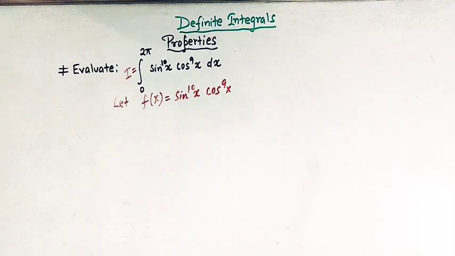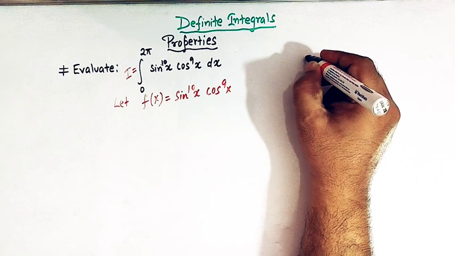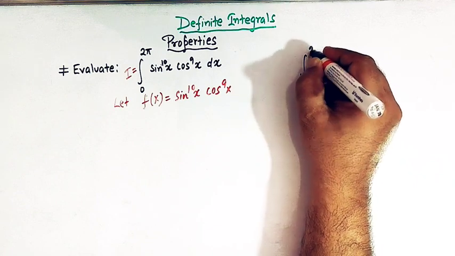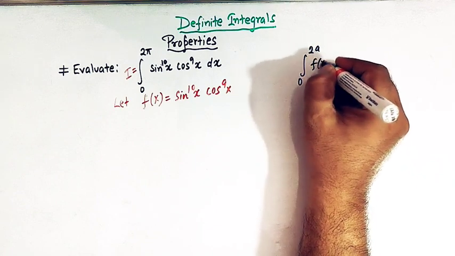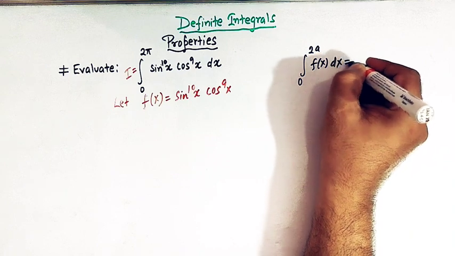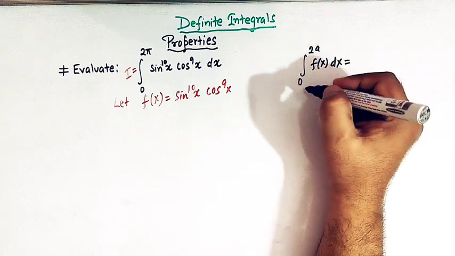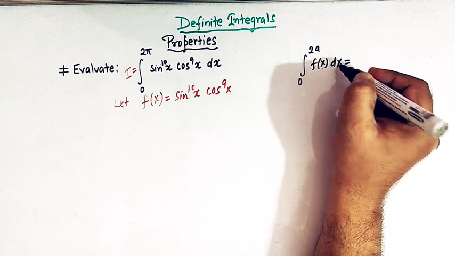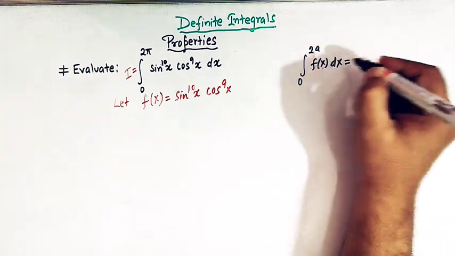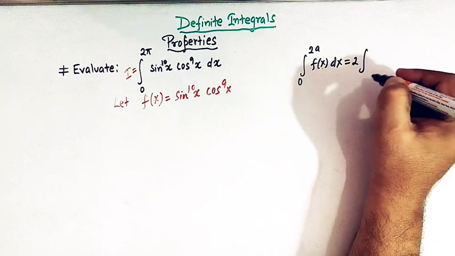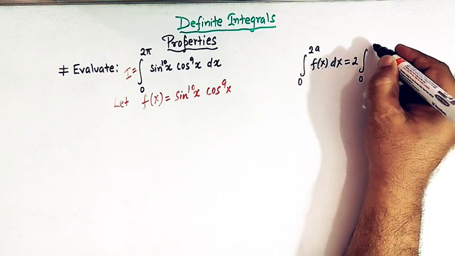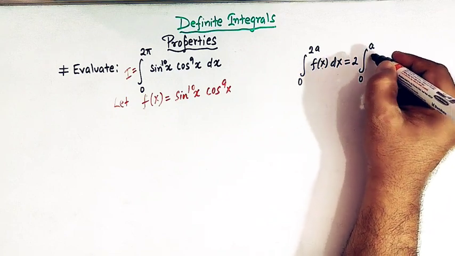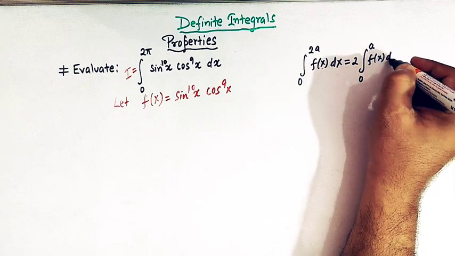Let us consider an important property of definite integrals, that is the integral from 0 to 2a of f of x dx. Whenever we have an integral of this type, the value of this integral is 2 times the value of the integral from 0 to a of f of x dx.